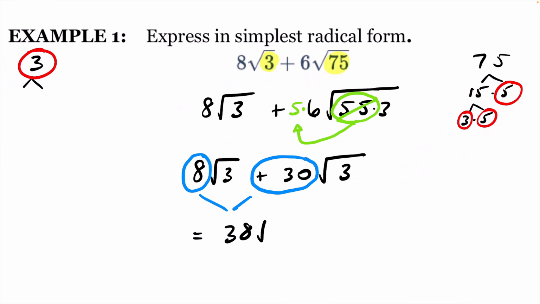Leave square root of 3 alone. We don't add them, we don't multiply them, we don't do that for adding and subtracting. Once they're simplified, leave them alone, the only thing you add or subtract are the coefficients. All right, that's an addition.